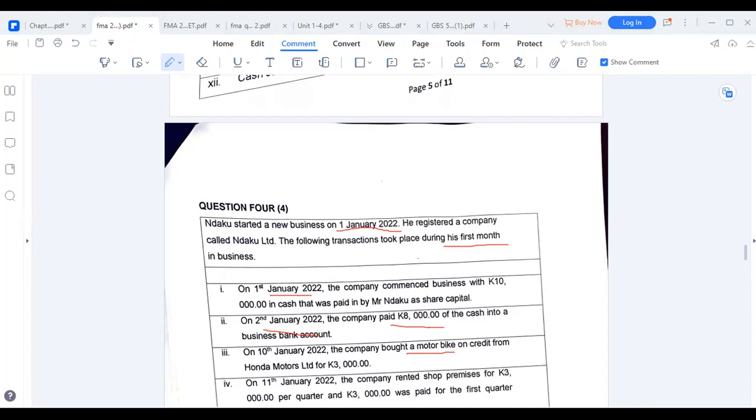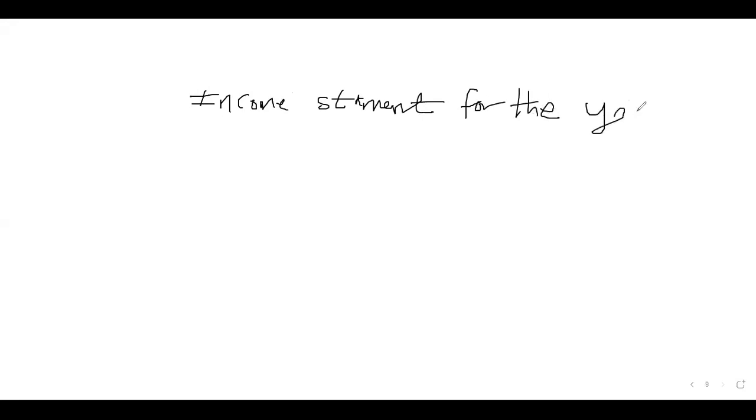We are now getting down to the income statement format. The income statement is written for the year ended.